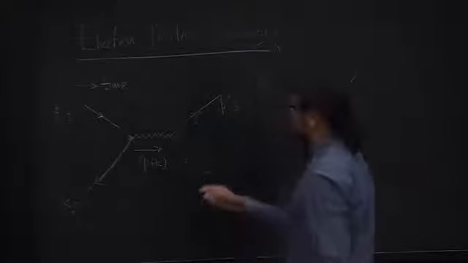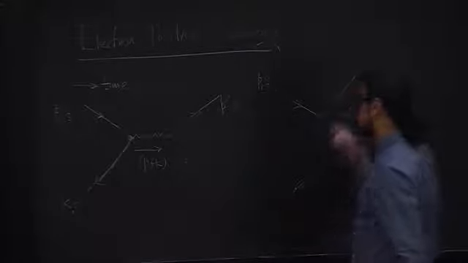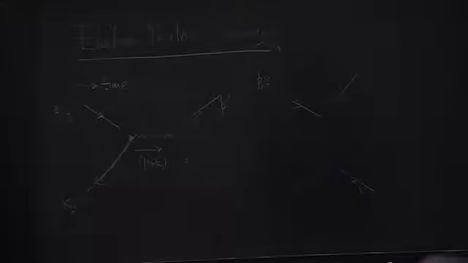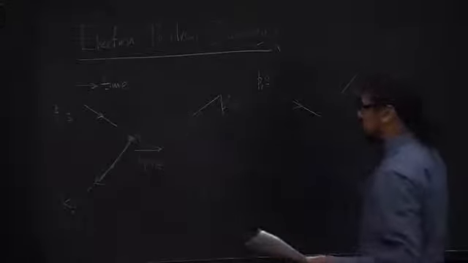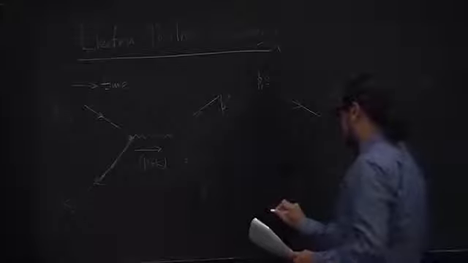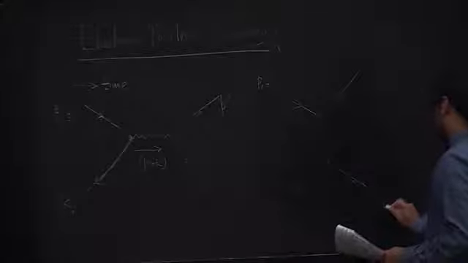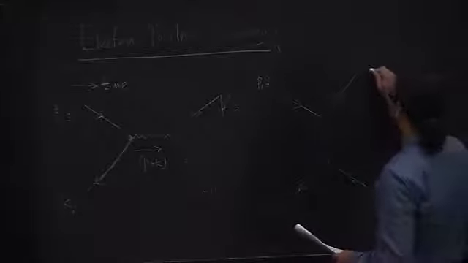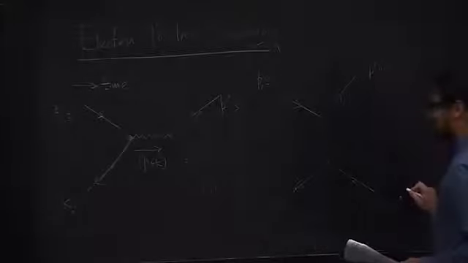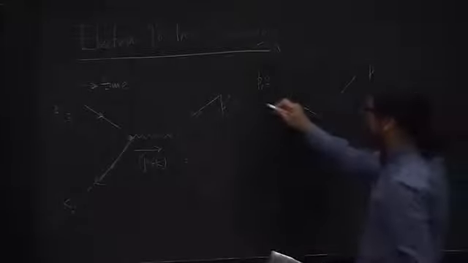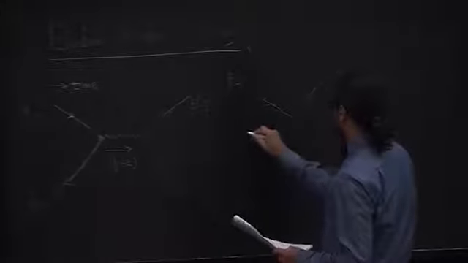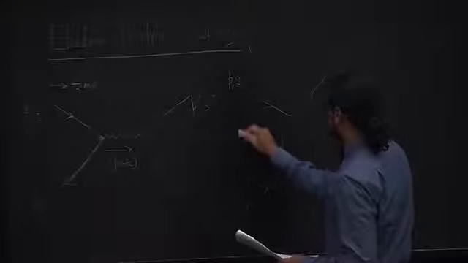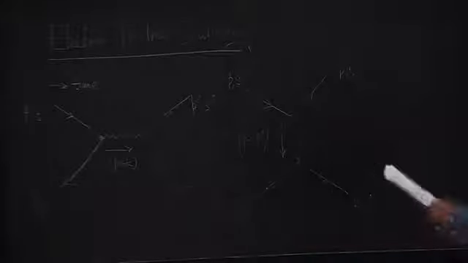My convention is that I try to label the same particle in the same position, for external particles. And then this is P minus P prime. I think it's a T channel or a U channel, I always forget.